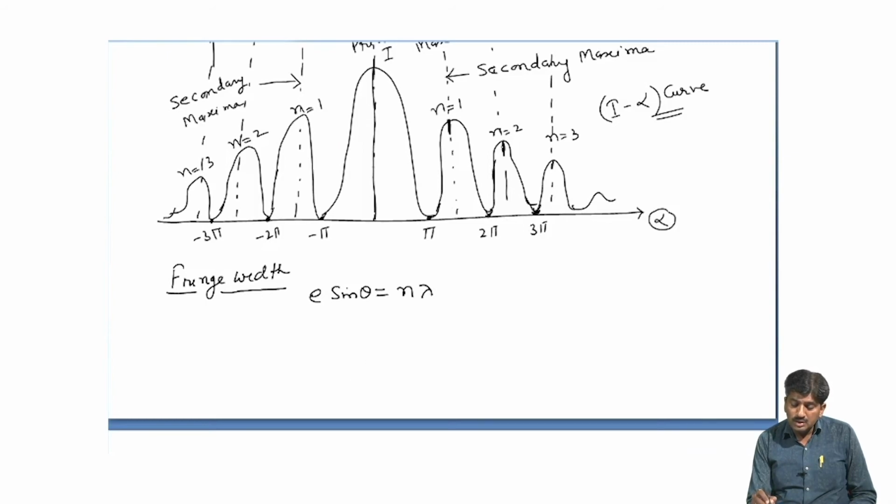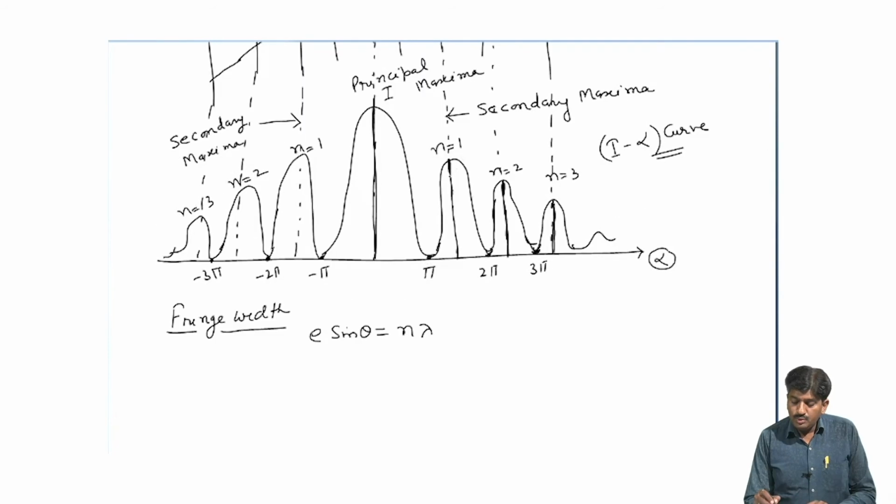These lines represent the amplitude of principal maxima, and the amplitude of first order, second order, and third order secondary maxima. Similarly on the left side, this line is the amplitude of first order secondary maxima, second order, and third order secondary maxima, and e sin theta equal to n lambda.